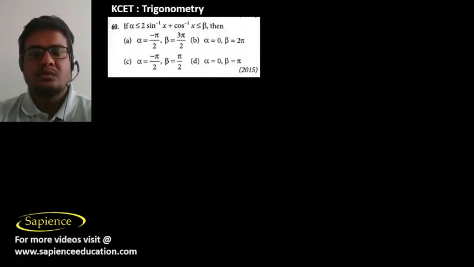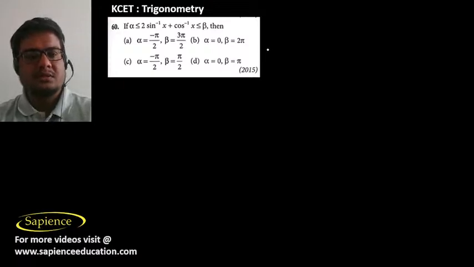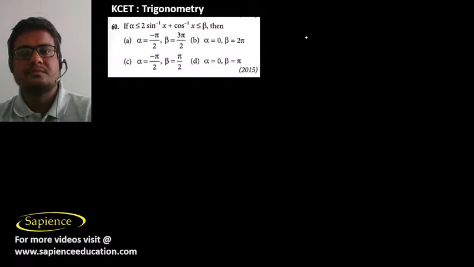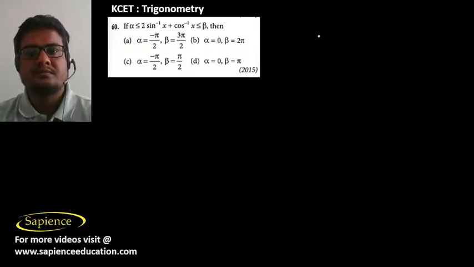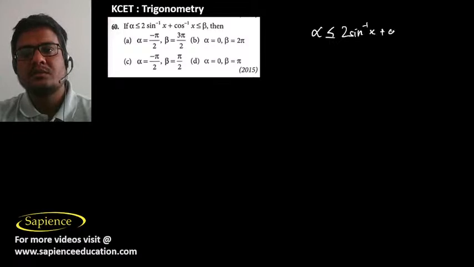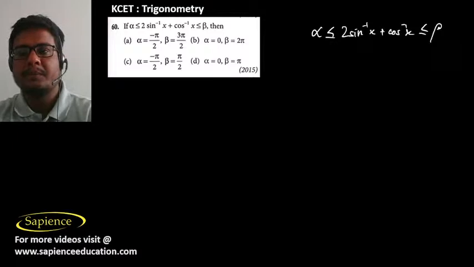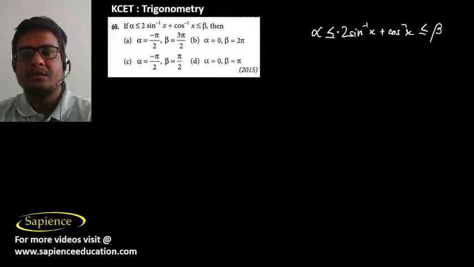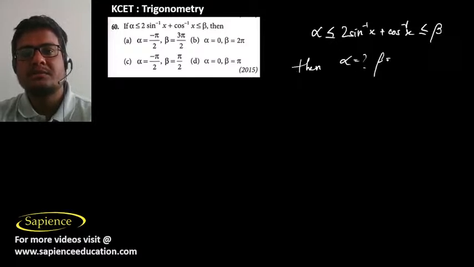Then in question number 60, it has been told that if alpha is less than or equal to 2 sin inverse x plus cos inverse x, that is less than or equal to beta, then you have to find the value of alpha and beta.